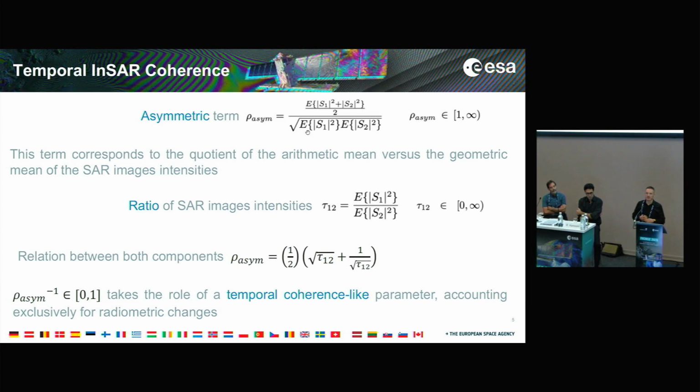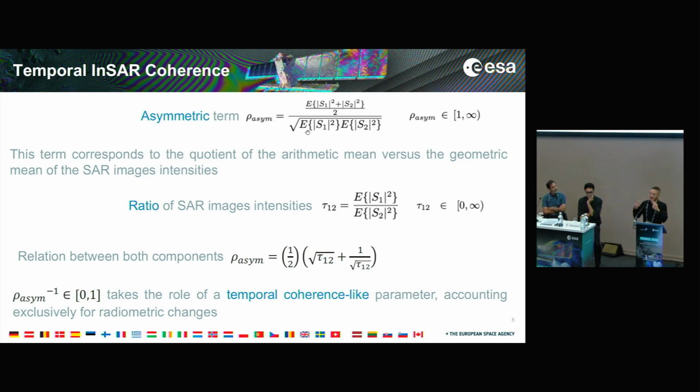Basically, this asymmetric term is the ratio between the arithmetic mean and the geometric mean of the SAR images, and it is very simple to demonstrate that this term contains the same information as the ratio of intensities that many of us use to detect changes in temporal series. Here you have the expression that relates both, and the most important thing is that the range of values of the asymmetric term goes between 1 and infinity.